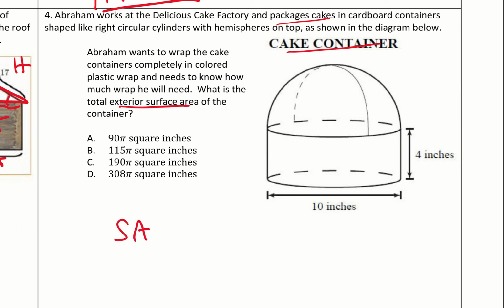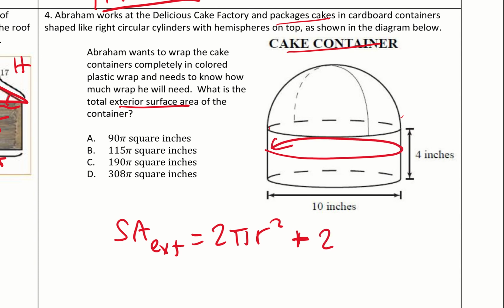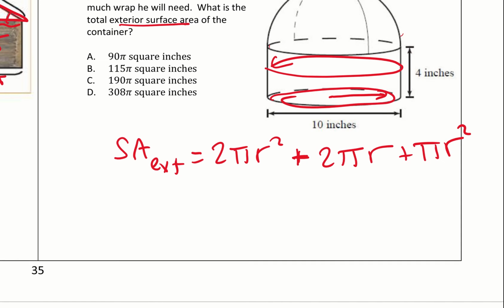The surface area of a hemisphere is 2 pi r squared, and we add that to the surface area of a cylinder. The part that wraps around the outside is 2 pi r, and the part on the bottom is the area of a circle, which is pi r squared. That's my exterior surface area.